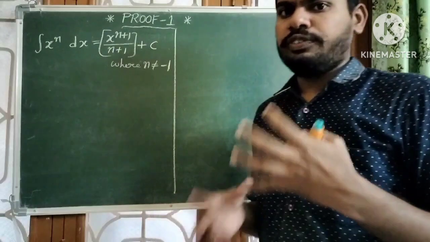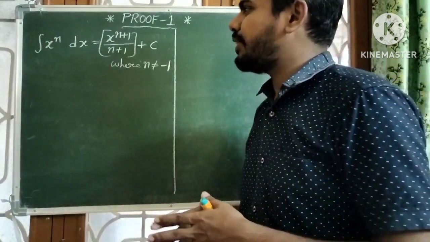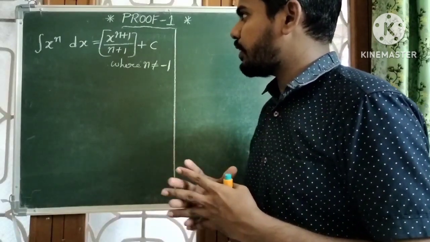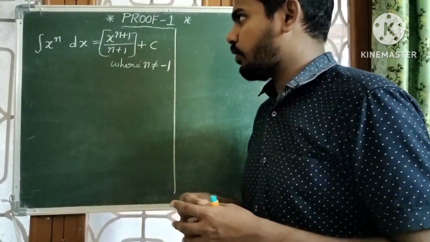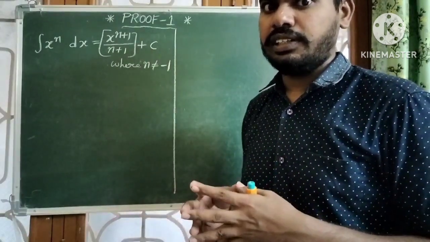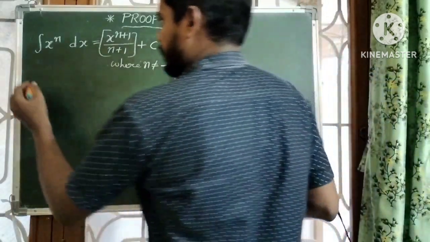Most of you may think, why is integral x power n dx equal to x power n plus 1 by n plus 1 plus c? You may have seen this formula in various different textbooks. Okay, let's start the proof.